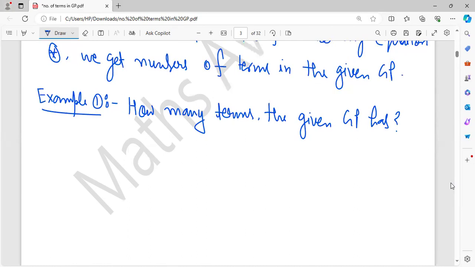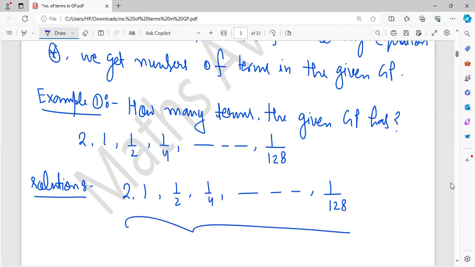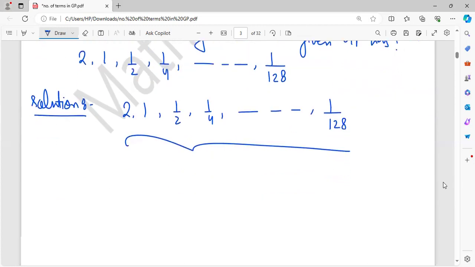The GP given is 2, 1, 1 upon 2, 1 upon 4, up to 1 upon 128. Solution: the given GP is 2, 1, 1 by 2, 1 by 4, and so on up to 1 upon 128. This is a finite GP because the last term is 1 upon 128.